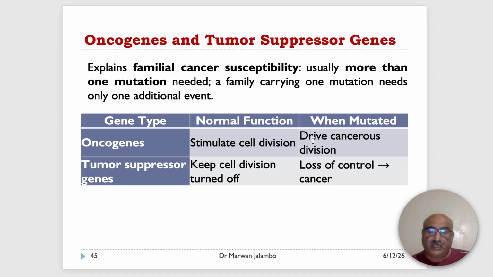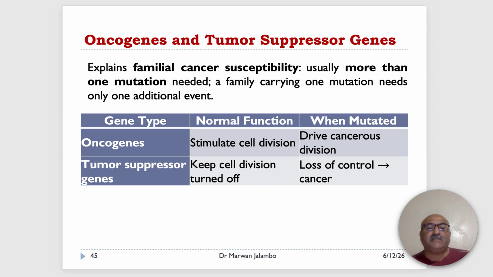When mutated, they drive cancer's growth like a gas pedal stuck down. Tumor suppressor genes normally turn division off. When they fail, it's like cutting the brake line.